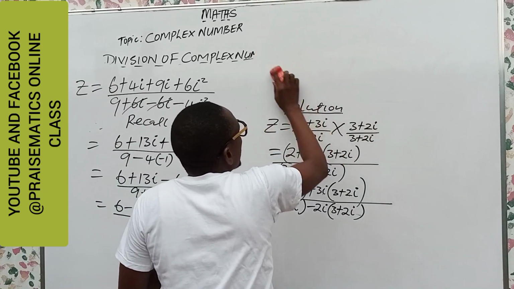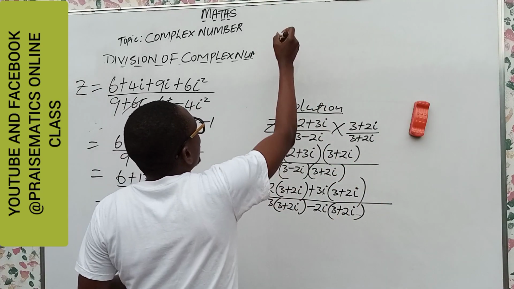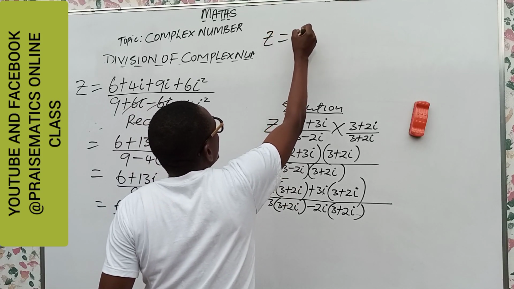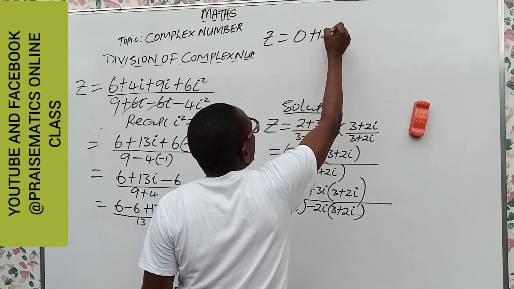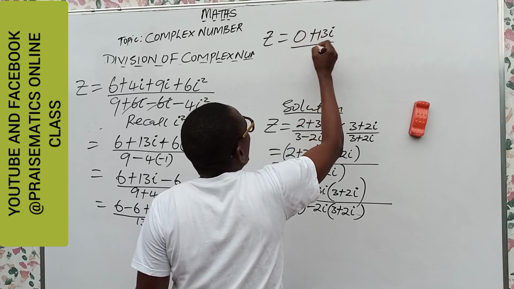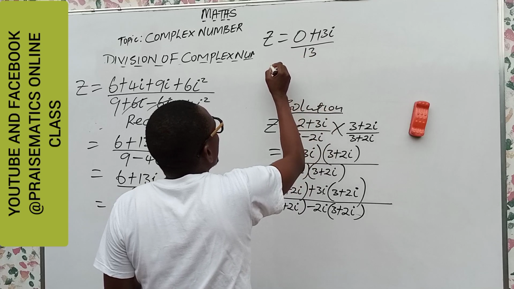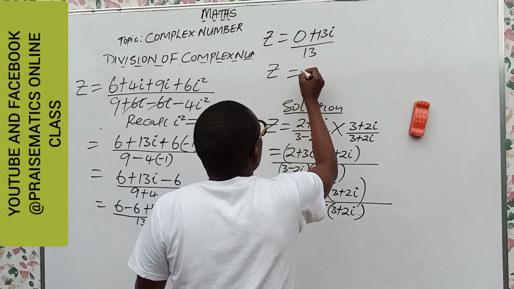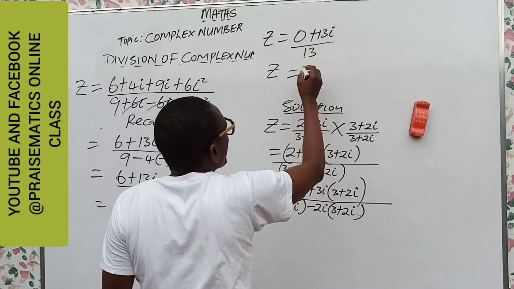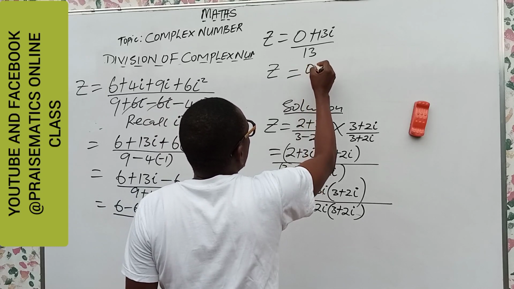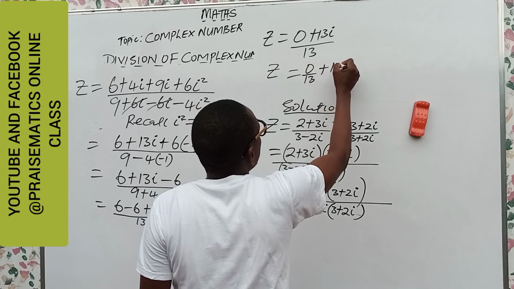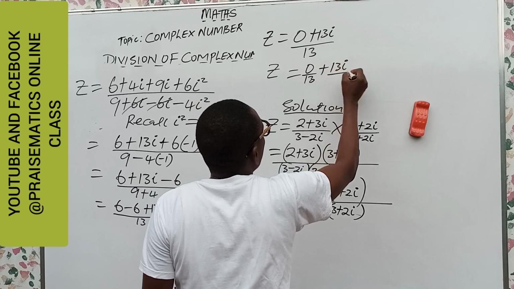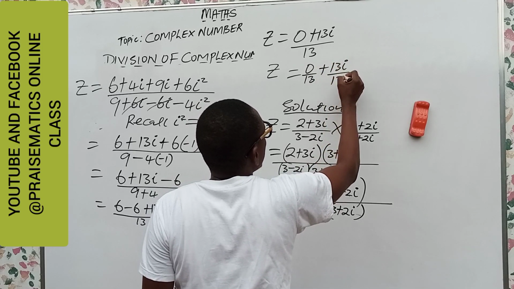So finally, what do we have? 6 minus 6 will give us that Z is equal to 0 plus 13i over 13. Finally, Z is equal to 0 over 13 plus 13i over 13.